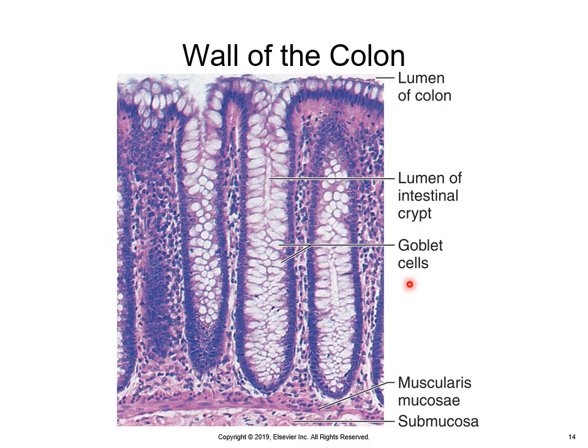All right, now we're looking at a microscopic view of the walls of the colon, and some of these terms that we've seen already. But now specifically we're talking about the walls of the colon, and of course this is a microscopic or histological view of the colon wall.